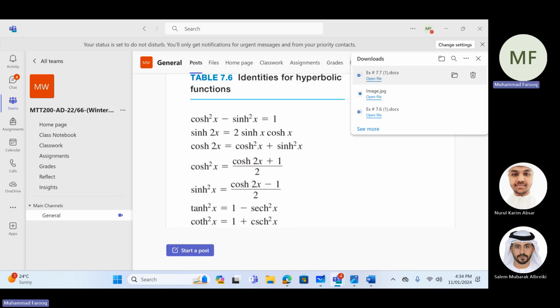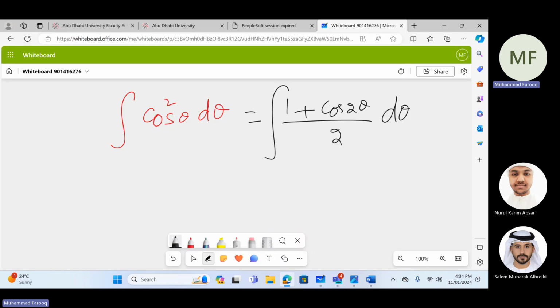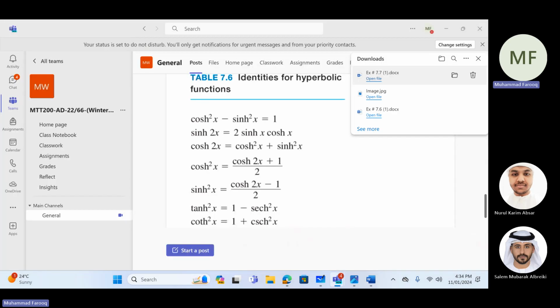It is the same as with trigonometric functions, you need the identity. Look at the difference. Here it is 1 plus cosine 2 theta over 2. In hyperbolic, cosh squared is positive, but in sinh squared it is minus.